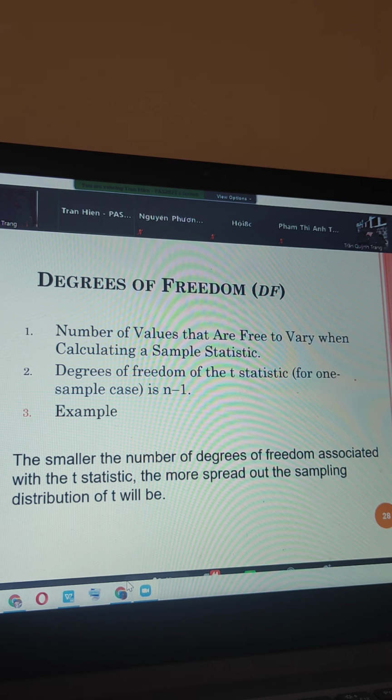The T distribution with 1 degree of freedom is unique, as is the T distribution with 2 df, with 3 dfs, and so on. As the number of degrees of freedom increases, the difference between the T distribution and the standard normal distribution becomes smaller and smaller.